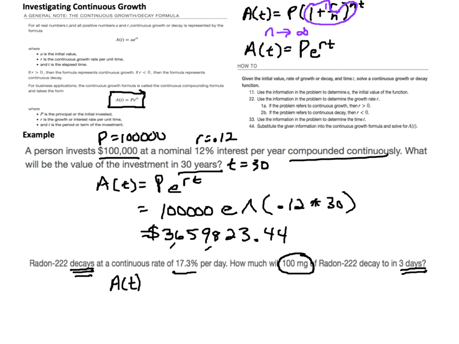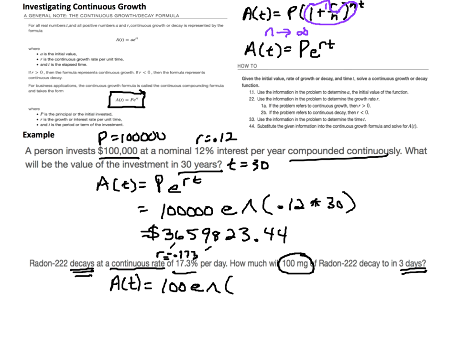So this is a problem that has nothing to do with money, but we can use the same PERT formula because we're told it decays at a continuous rate. Now it decays, so we're not growing. So we need a negative rate because we're depleting. We start out with 100 milligrams, and we multiply that by E raised to the, okay, so 17.3% is an r of negative 0.173, because it's decay.